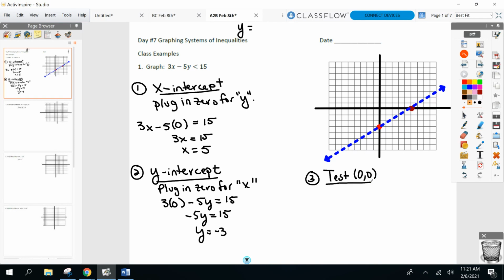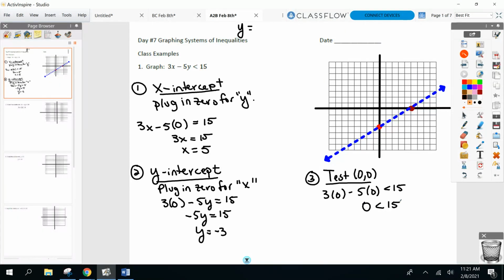All right, what do I mean by test? Plug in 0 and 0. Plug in 0 for x, 0 for y. Here we go. 3 times 0 minus 5 times 0. Is that less than 15? Well, one side is 0, so is 0 less than 15?